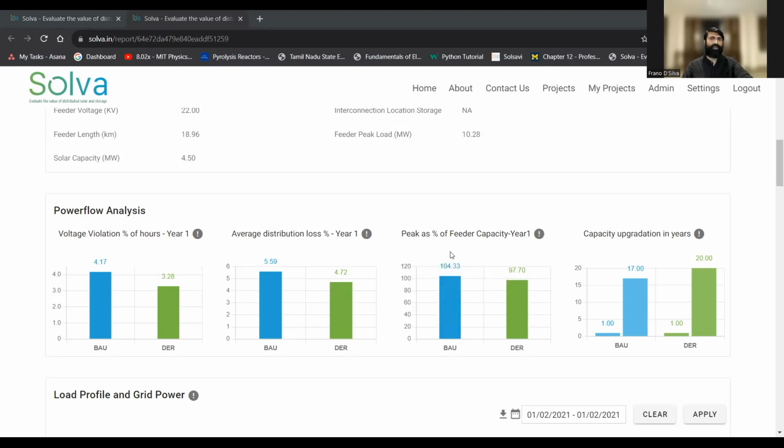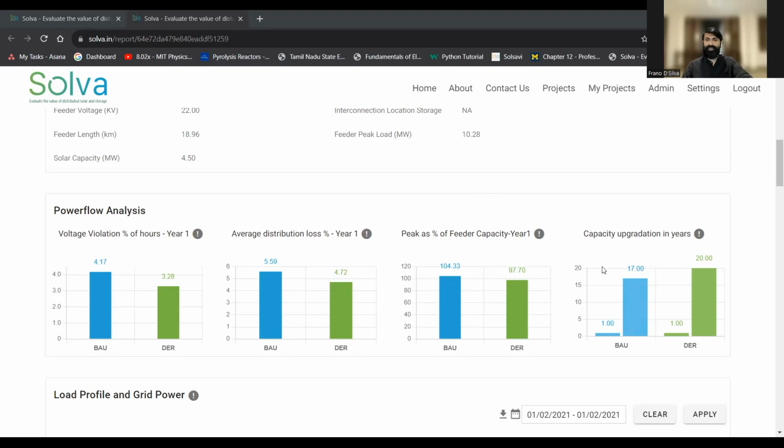If you remember, in the inputs, we had given that if we find a value above 90% of the feeder capacity for 5 instances in a year, it would suggest a capacity upgradation. So if you look at these last two snapshot results, where we see the peak as percentage of feeder capacity in year 1 and the capacity upgradations that are suggested, we see that in the BAU case, the peak load being handled by this feeder is 104%.